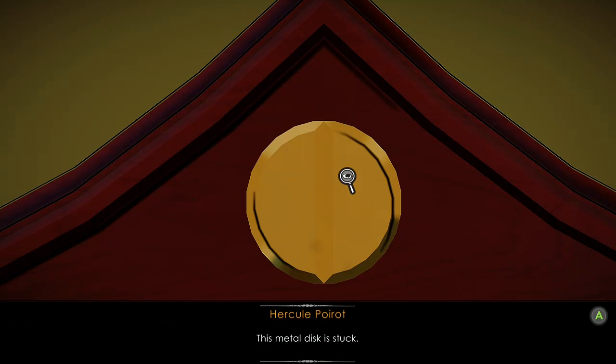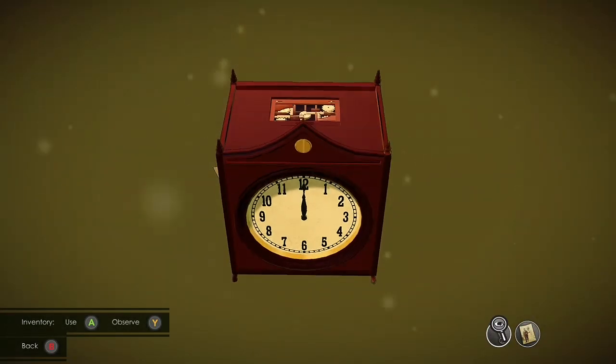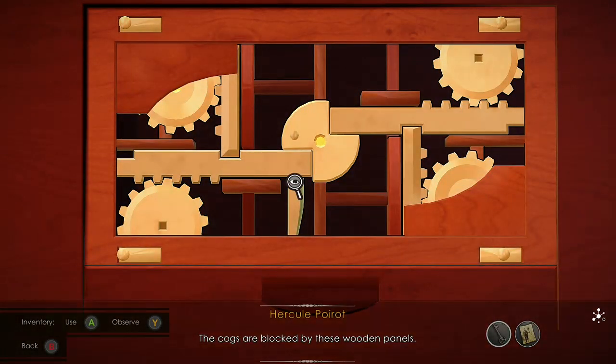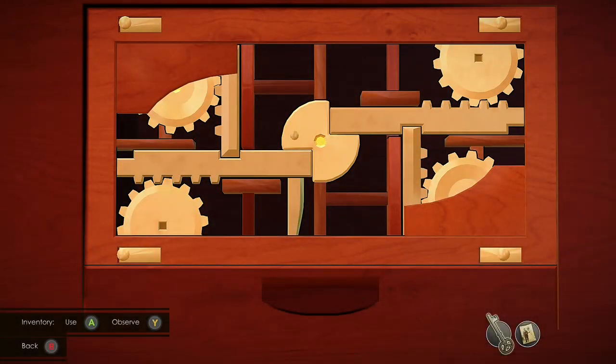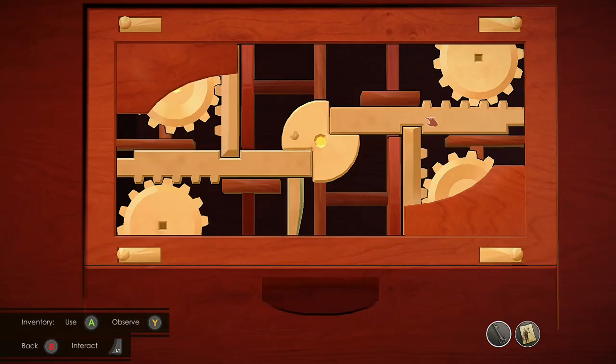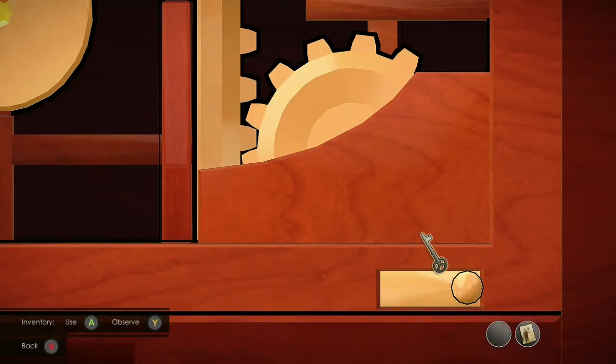This metal disc is stuck. Yes, alright. The cogs are blocked by... Alright, already!